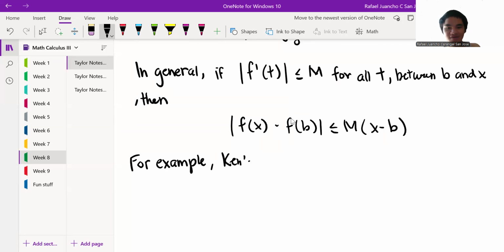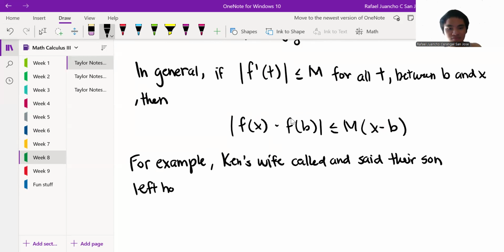So Ken's wife called and said their son left home driving north. So the son drove north at 30 miles per hour, so 30 mph.